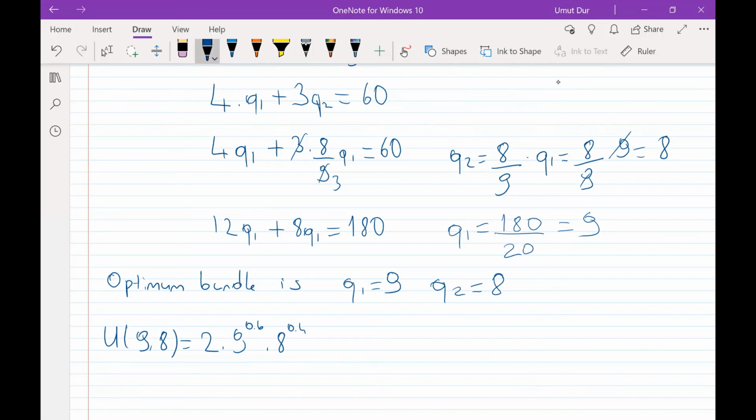But you can check that we are spending all our money at this optimum. If you plug in 9 and 8 here, you will see that we are spending exactly 60 liras.